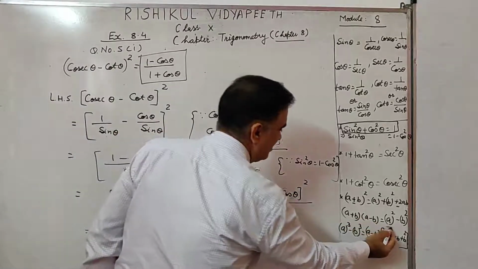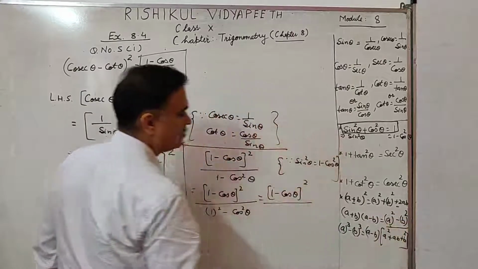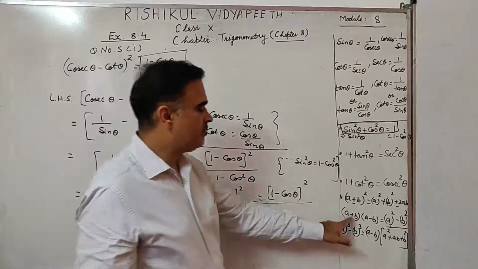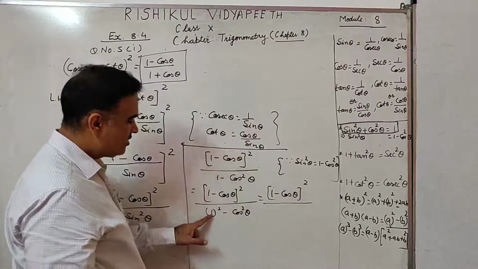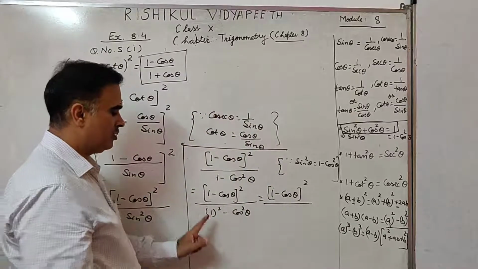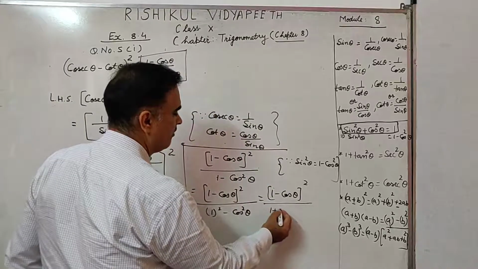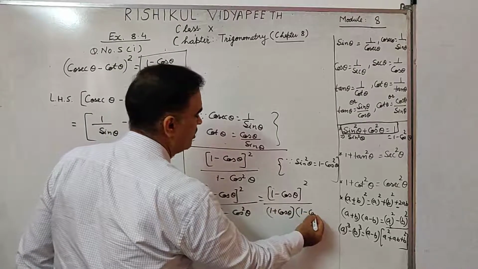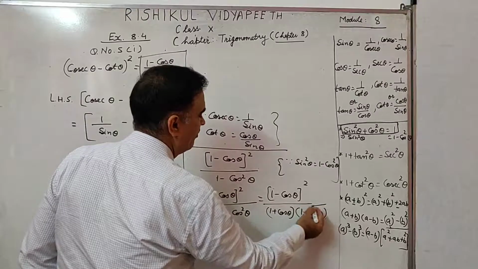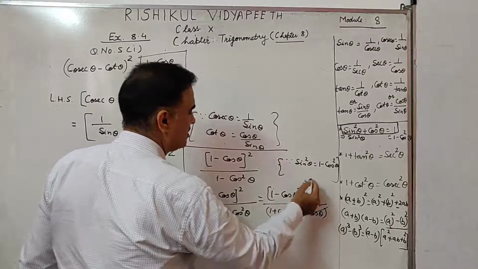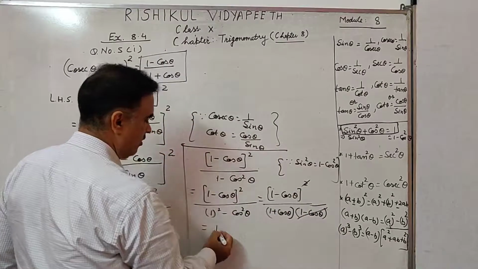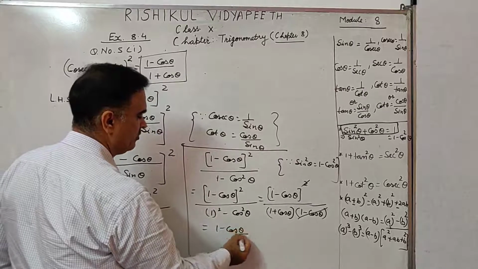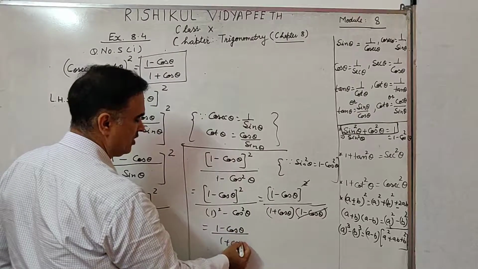You know this identity. A square minus b square, we will use a plus b into a minus b. A is 1, b is cos theta. So it is 1 plus cos theta into 1 minus cos theta. So this cancels out. So what is there? 1 minus cos theta upon 1 plus cos theta.